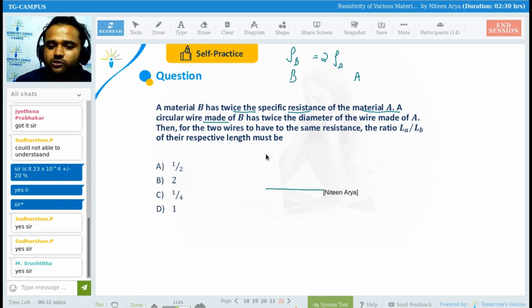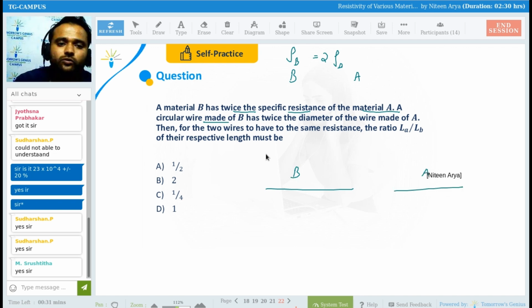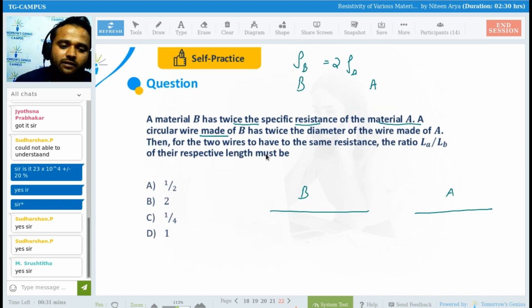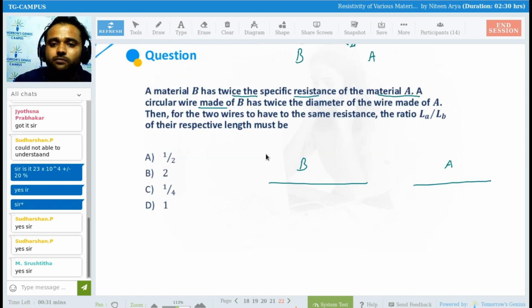Now, suppose this is your wire, a circular wire made of B, and then this is your wire A. If you make a circle from this B, this is your B circle, and this is your A circle.